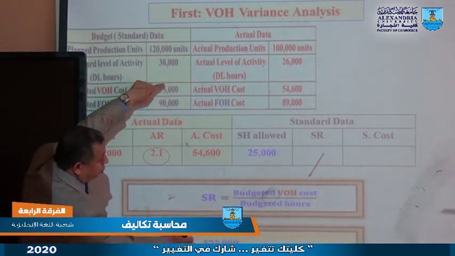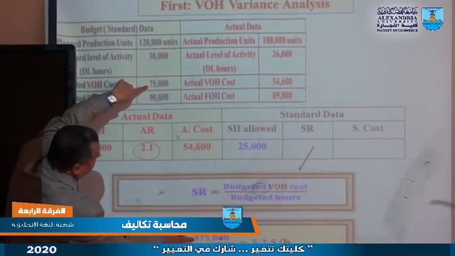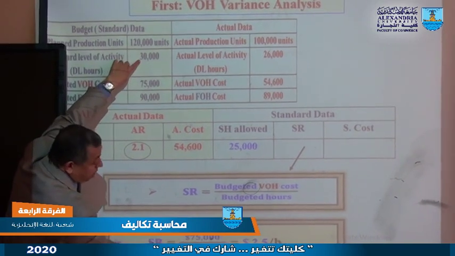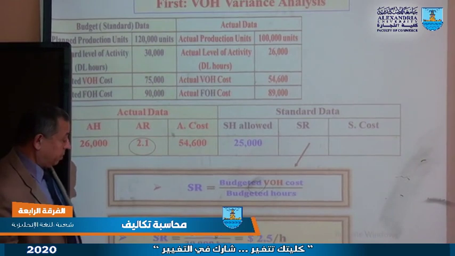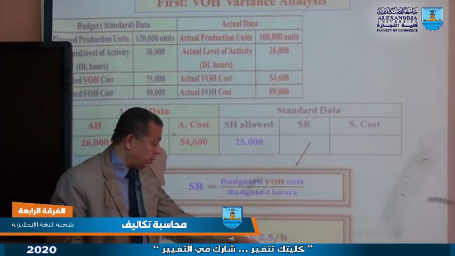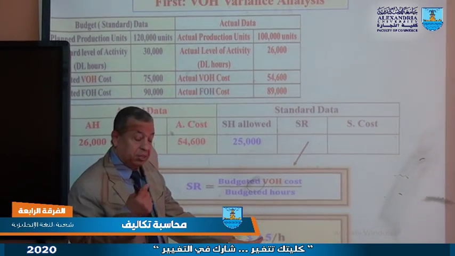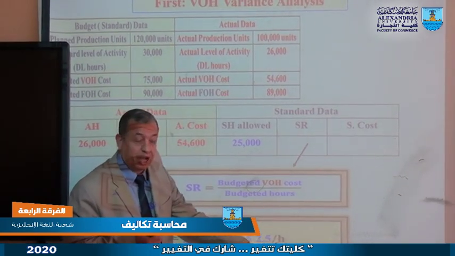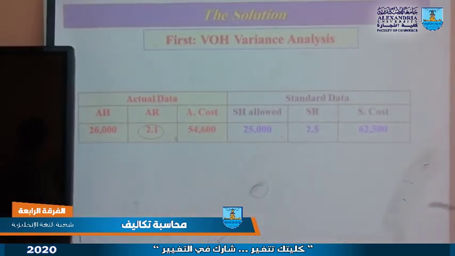Again, my variable cost here, 75, and my hours, 30. So 75 and the hour 30, I will get 2.5. It's the rate per hour, again, a rate per hour.